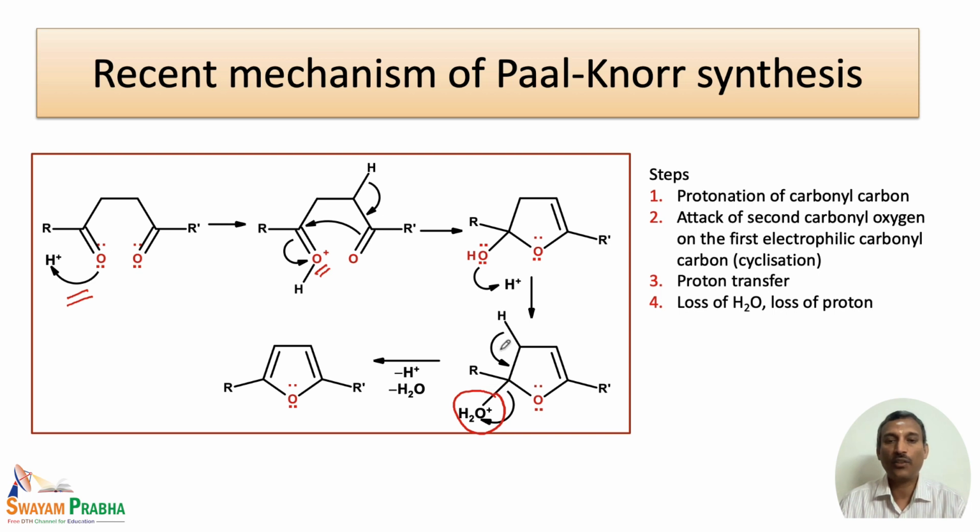The other steps are very similar: the neighboring hydrogen is lost as a proton, and a shift of the bond takes place, leading to the final formation of the furan.